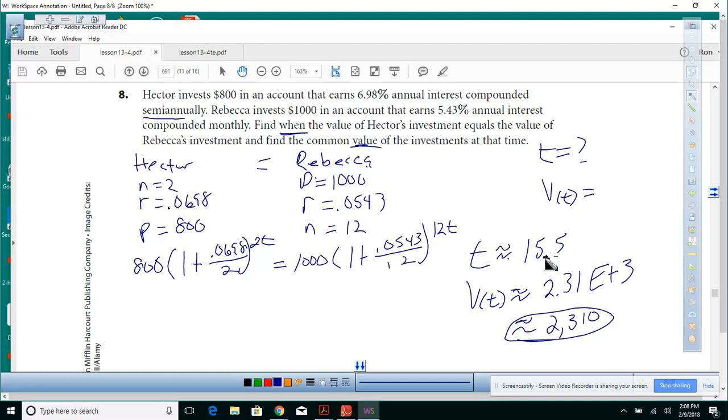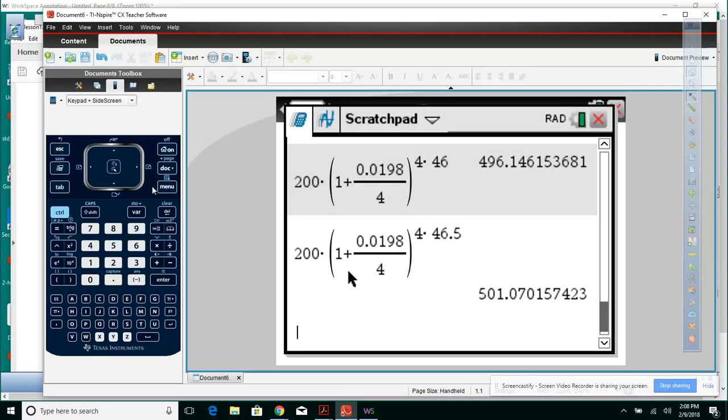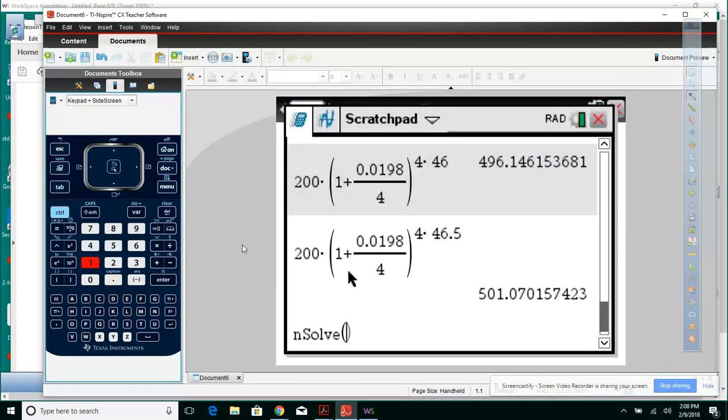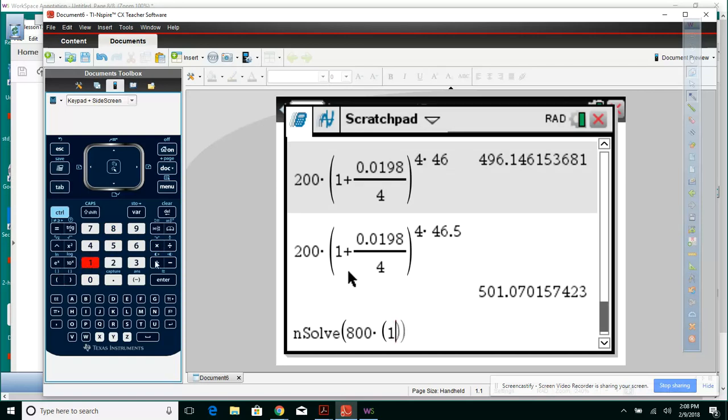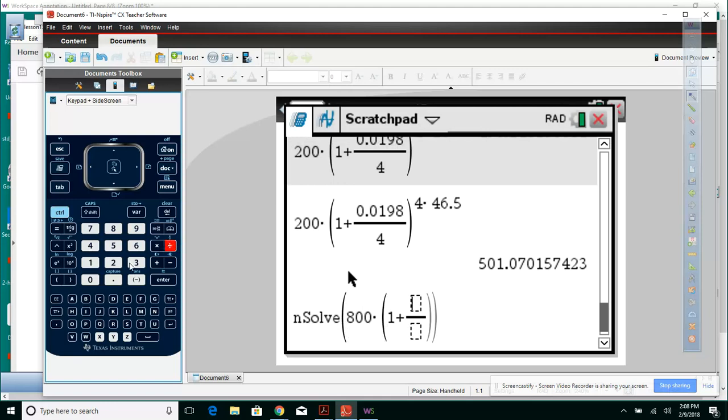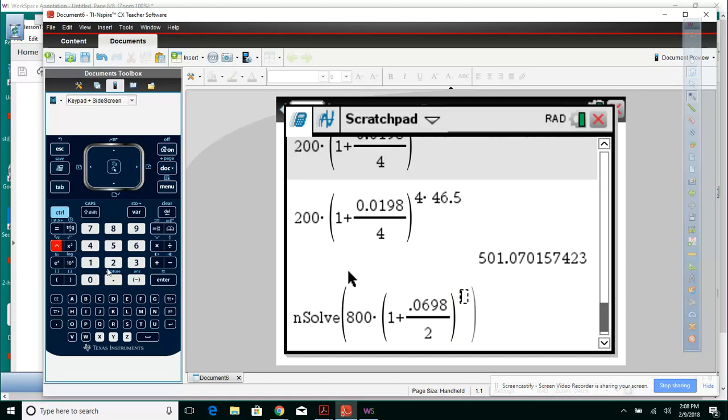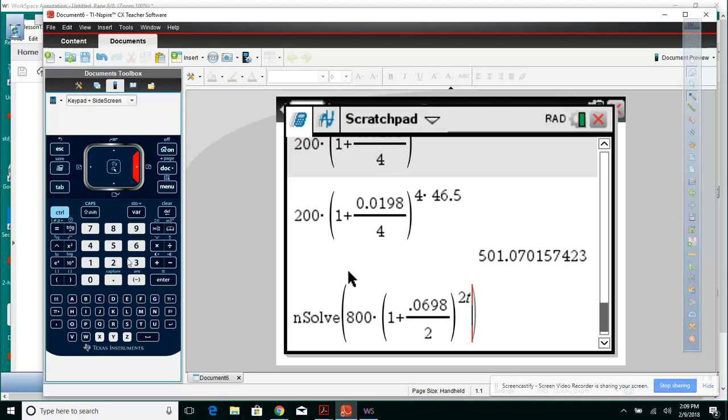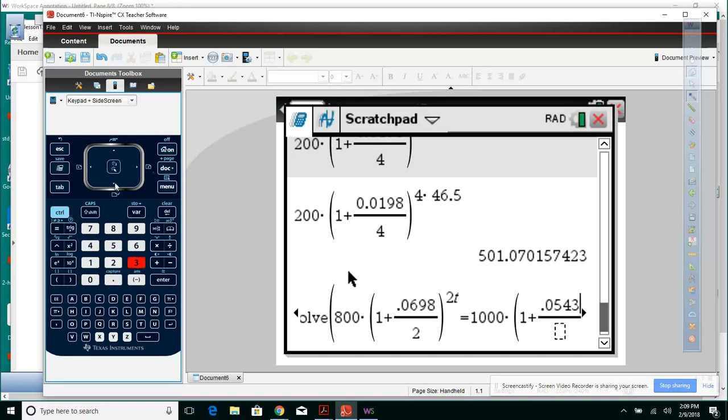Okay, but if you want to be exact, go here, menu, trace, and then we'll set them. 800 times open parentheses 1 plus 0.0698 over 2, caret 2t, get the long line, equals, and then we'll put in 1,000 times open parentheses 1 plus 0.0543 over 12.